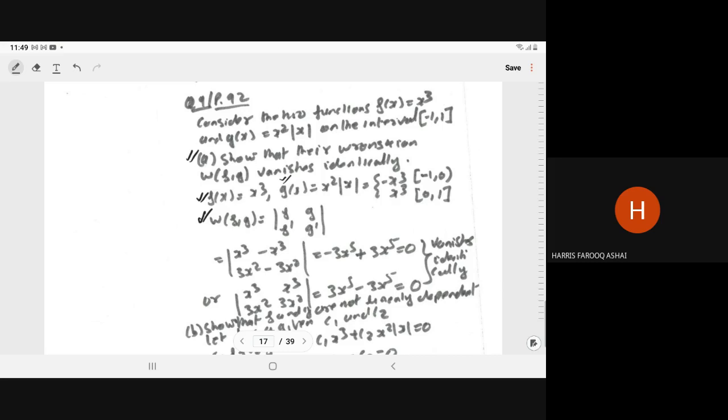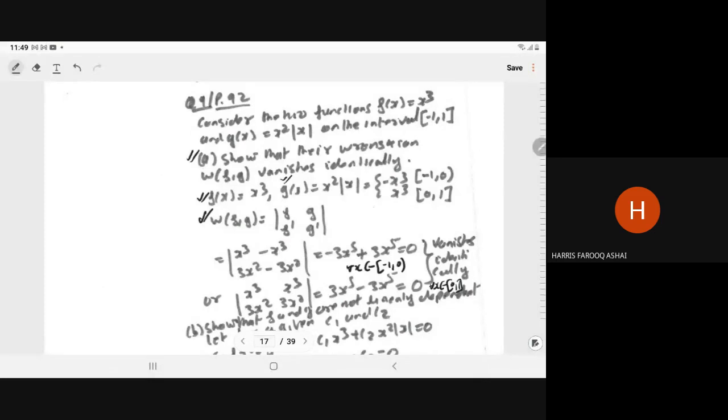right? Vanishes identically. So you can see here, W vanishes identically in the interval for all x belonging to -1 to 0. It is identically 0 for all x belonging to 0 to 1.